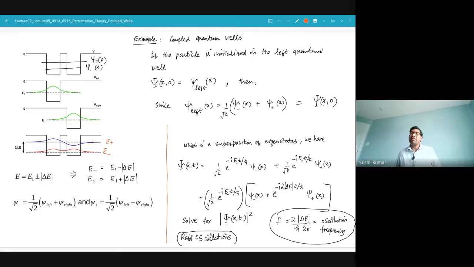So the particle's wave function is a singular function, psi(x,t). There are no energies in there. There is no E1, E2, E3, E4. It's a wave function of a particle.